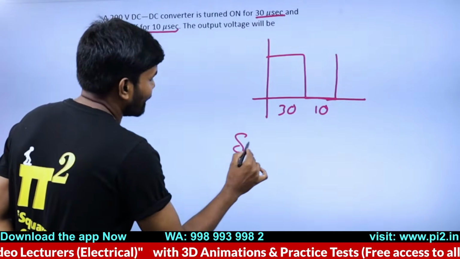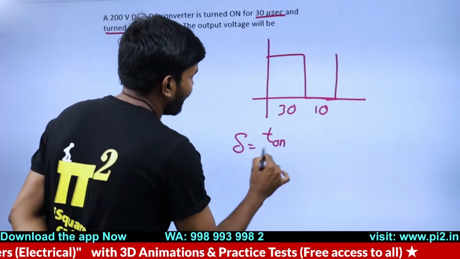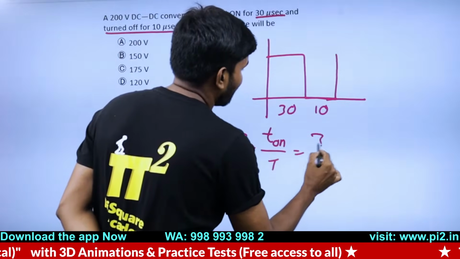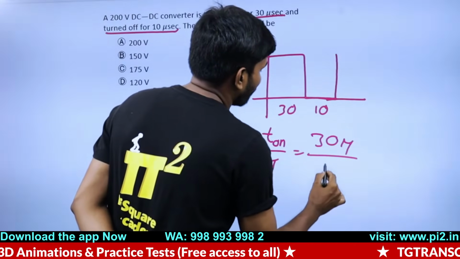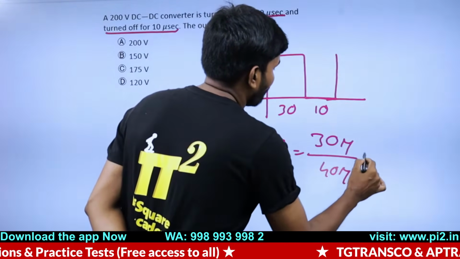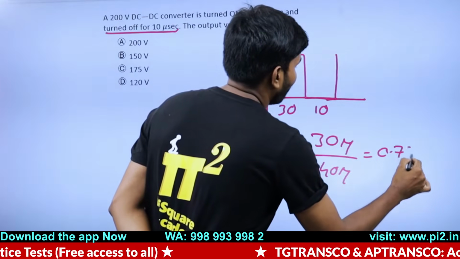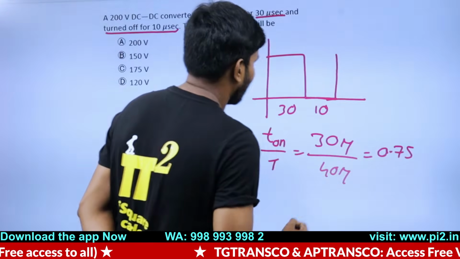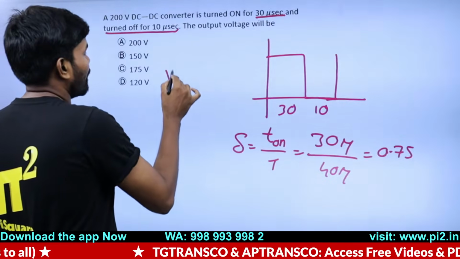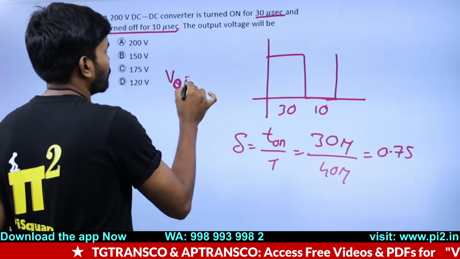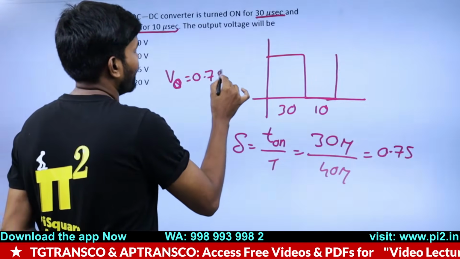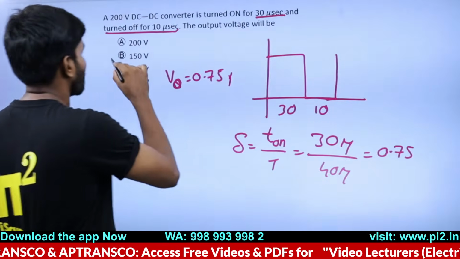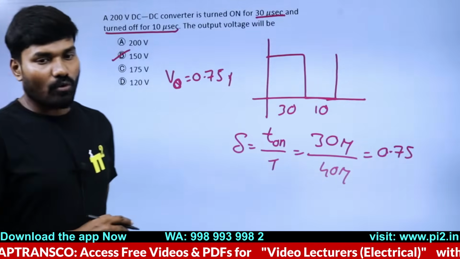So what is delta? Delta is equal to T on by capital T. T on is 30 micro, capital T total time is 40 micro, which is 0.75. So V naught is equal to 0.75 into 200. If you just do that, you will get 150.